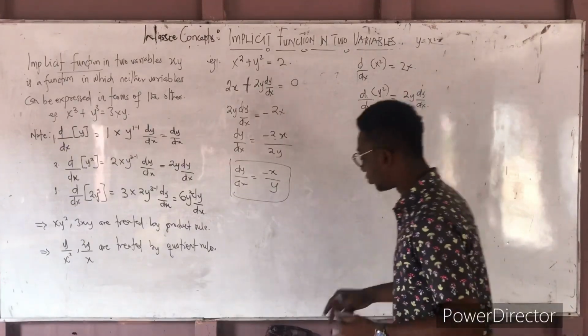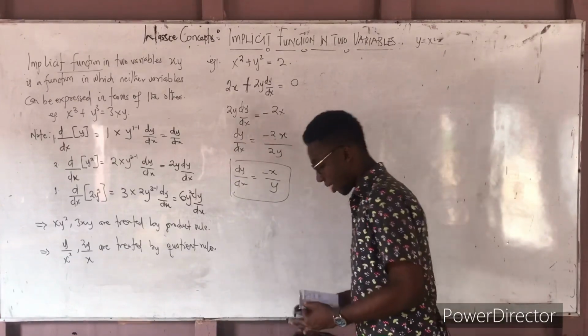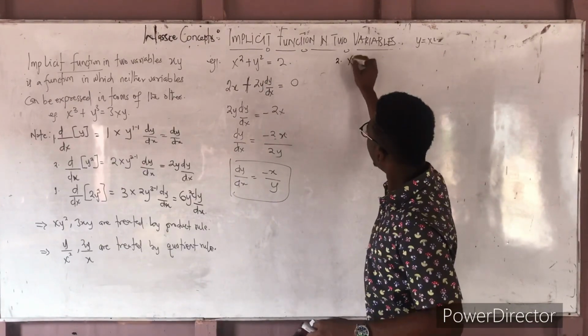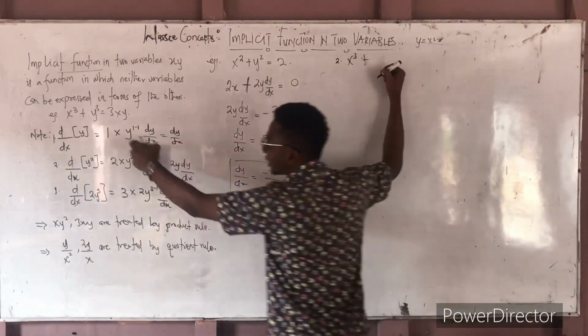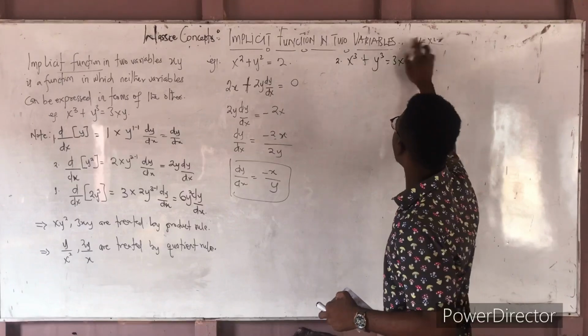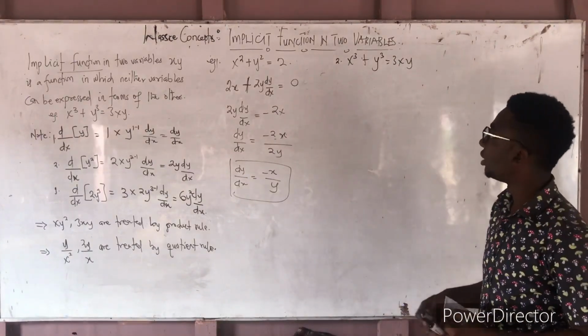Let's take another example and see what we can do about that. Example 2, we have x cubed plus y cubed is equal to 3xy. What can we do here?